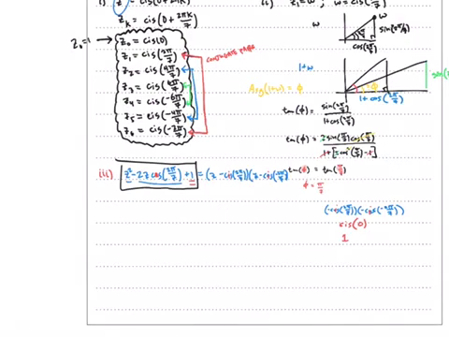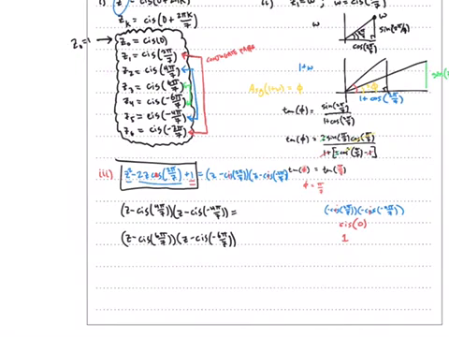Then we have z minus cis 4 pi over 7 times z minus cis negative 4 pi over 7, as well as our third quadratic factor, which would be z minus cis 6 pi over 7 times z minus cis negative 6 pi over 7.